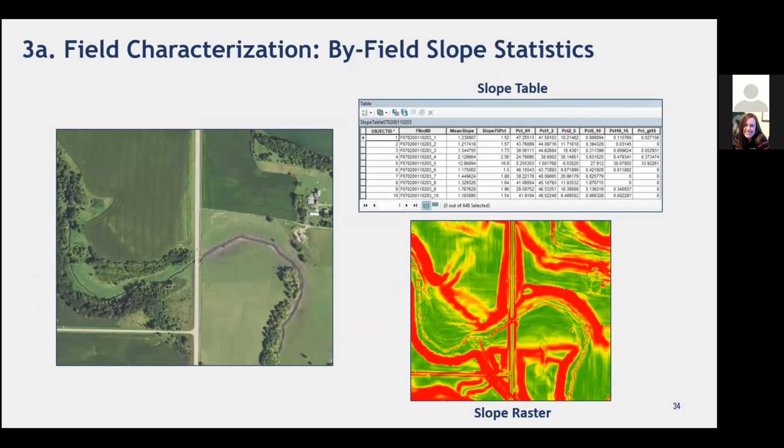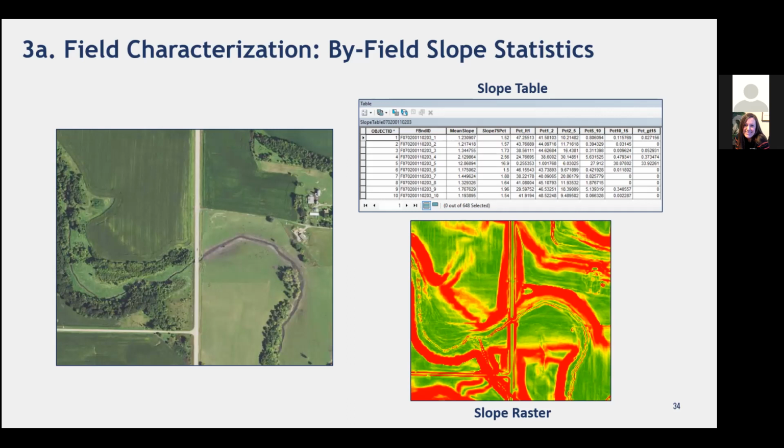So this is what the output looks like from that tool. On the top there, you have the slope table and the field boundary. Each field boundary is given an ID throughout this process. Then it gives the mean slope, the slope of the 75th percentile, the percent of the field that's less than 1% slope, and all the way up to greater than 15% slope.